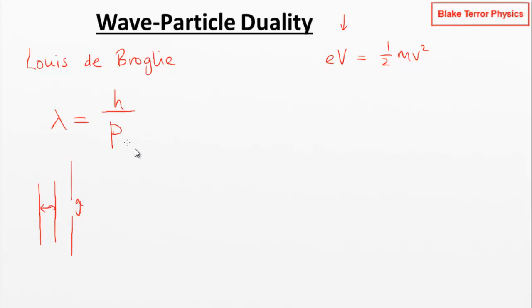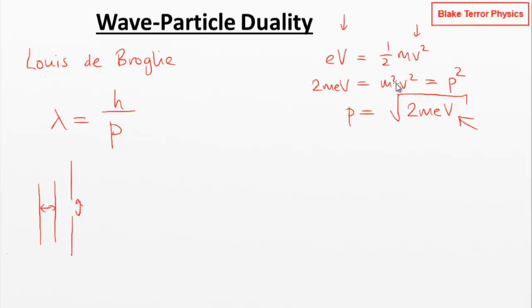So what momentum are we going to get? We can do the old trick here: multiply both sides by 2m. We have 2meV equals m squared v squared, which is the square of the momentum. So the momentum of the electron is the square root of 2meV. Note that this V is the accelerating potential, not the v of the speed of the electron.